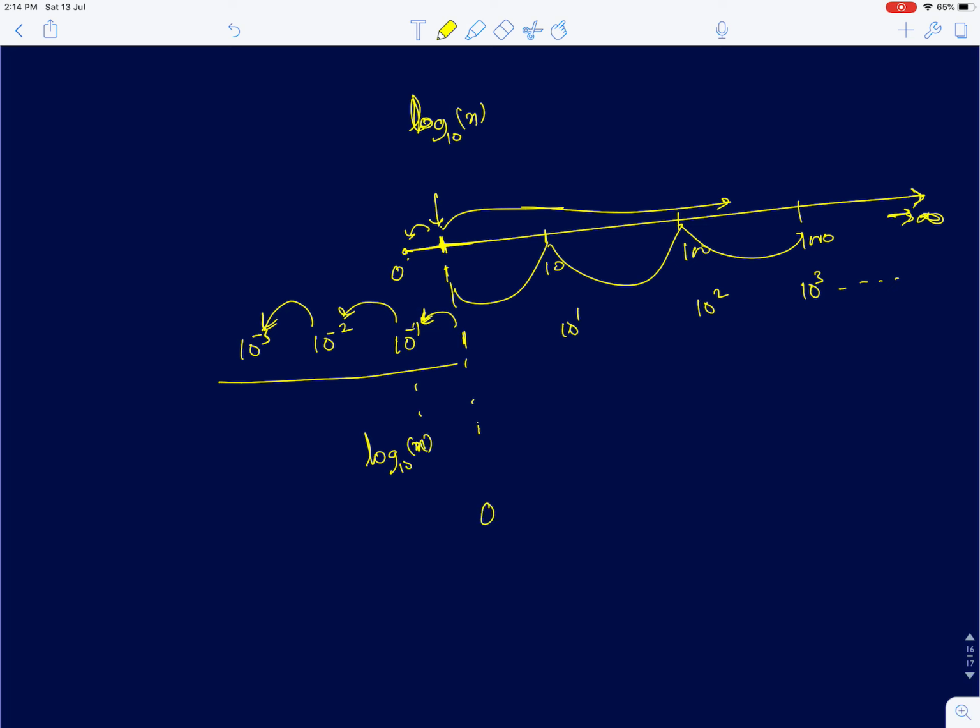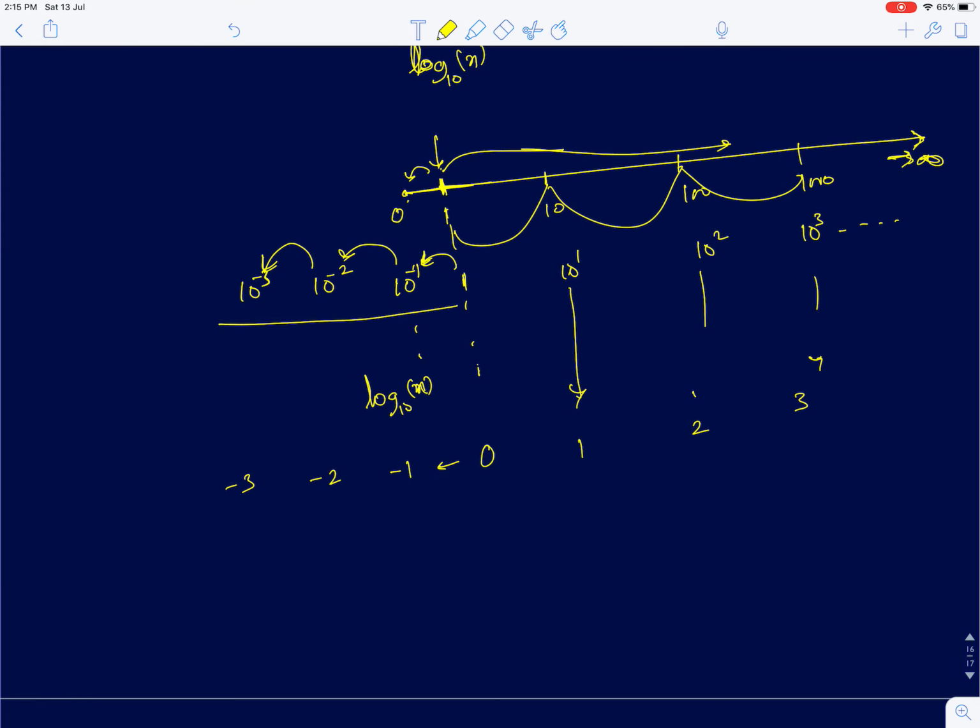Log of 10 power minus 1 is minus 1, 10 power minus 2 is minus 2, and 10 power minus 3 is minus 3, and 10 is 1, 10 square is 2, and 10 cube is 3.